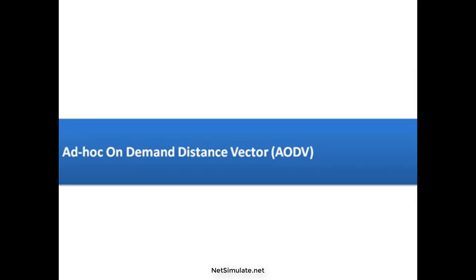AODV, we can say, is an extension of DSR, Dynamic Source Routing. So before going to AODV, let's have a look at DSR's disadvantages. In dynamic source routing, whenever a node finds a route to the destination, the path is included in the data itself. The data packet carries the entire route.